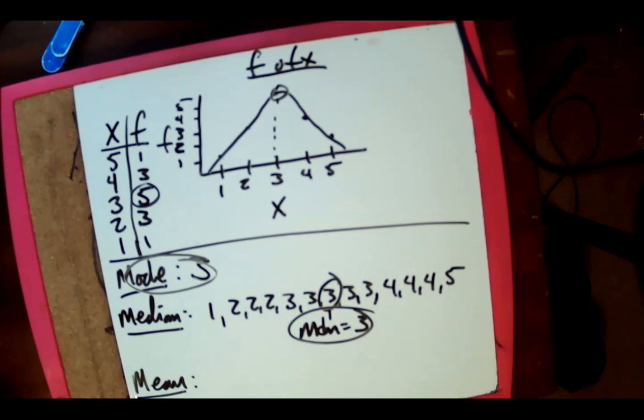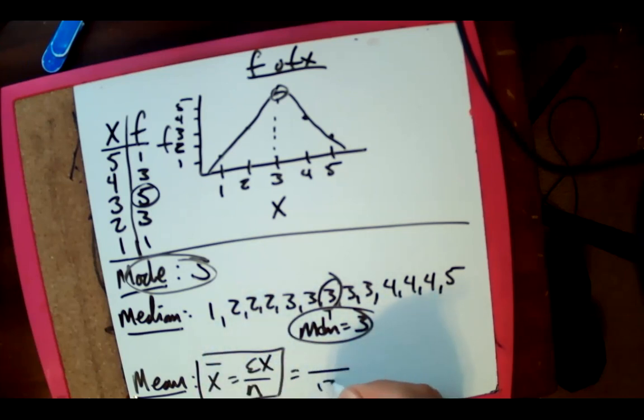And then to double check, the mean, we're going to add these numbers together. Let's say this is a sample mean, we're going to get our sum of x over n. There's the little formula. Our n was 13 scores.